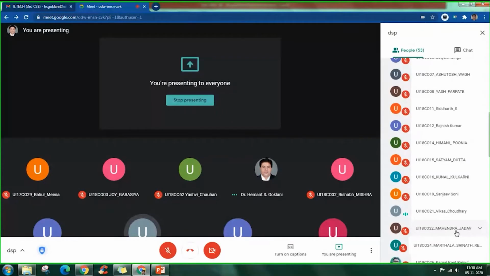Non-causal is that which depends on future values. Anti-causal is a system which depends solely on future values. It doesn't depend on past and present, only on future. There is a little confusion in your answers.